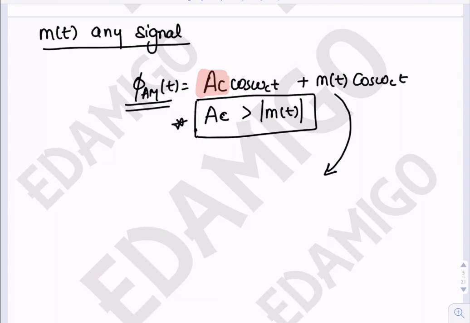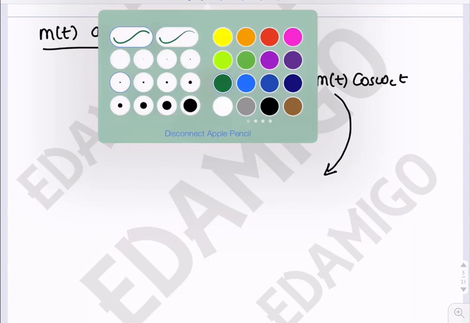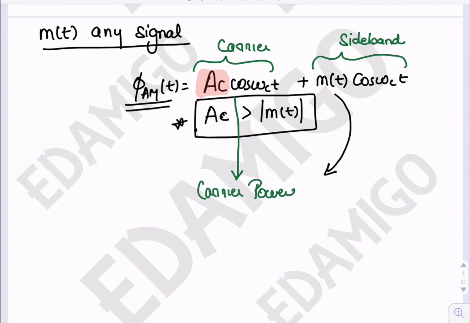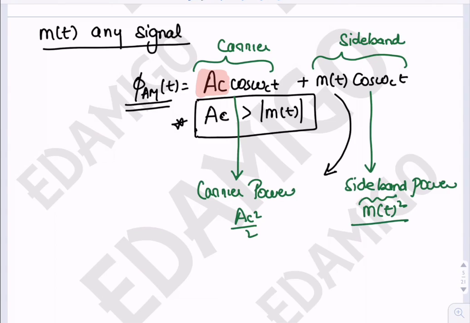Okay, and also this is the carrier and this is the sideband. So in any general question we can solve it like this: the carrier power will be AC square by 2 and the sideband power will be the power of the mt signal divided by 2.